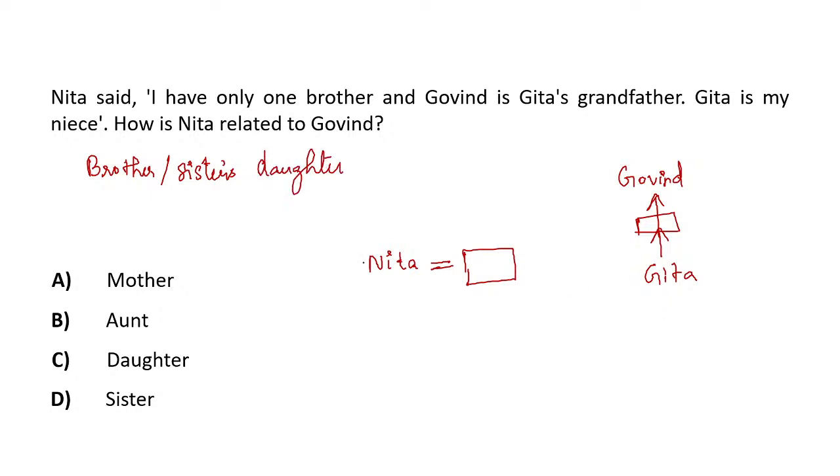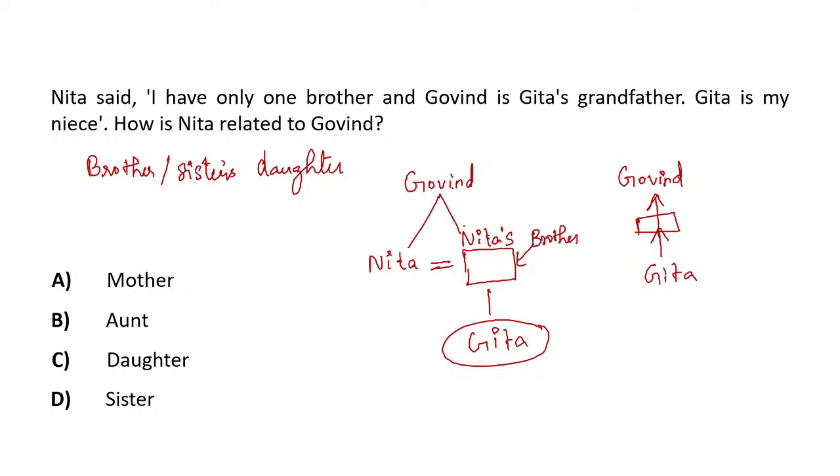So if Geeta is the niece of Neeta, then definitely Geeta will be the daughter of Neeta's brother. This is Neeta's brother. And if Govind is Geeta's grandfather, then Govind will be the father of this guy. If Govind is the father of this guy, then Govind will be the father of Neeta also. Okay, done. So now the question is, how is Neeta related to Govind?